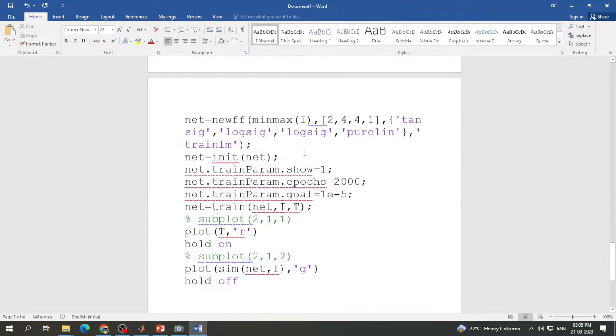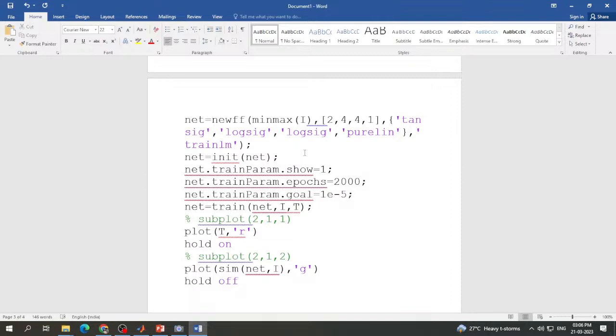Now this is the main coding part of ANN. It is a very basic coding part. So how are we going to train the neural network? NET, whatever is written, is my neural network actually. newff, new means you are going to create a new neural network. FF means feed forward. I am giving the input and this will flow towards the output.